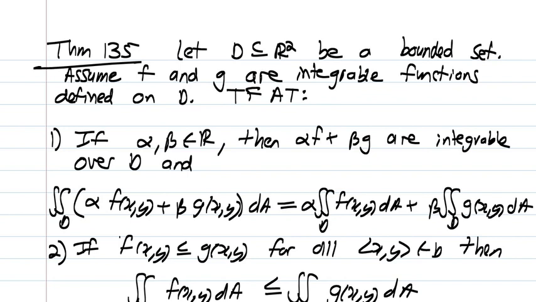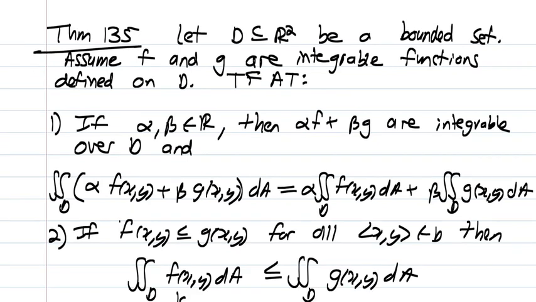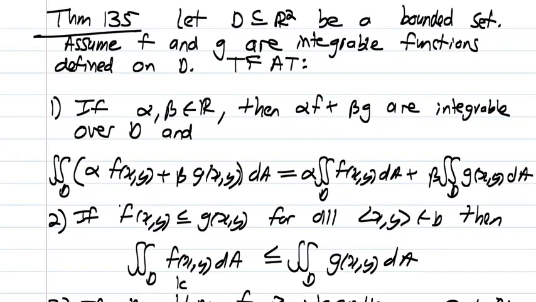So if f is integrable, then all scalar multiples of f are integrable over a bounded set. Likewise, if alpha and beta are 1, then the sum of integrable functions is again an integrable function. And if alpha is 1 and beta is minus 1, then if f and g are integrable, the difference is an integrable function. And this result is very similar to the one we saw, but this time around it's not over a rectangle, but over a general region.